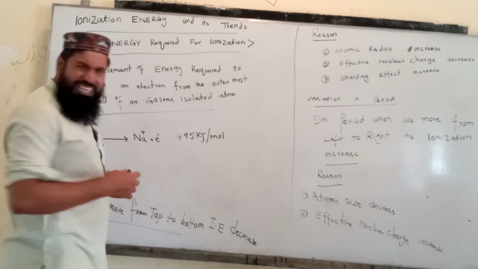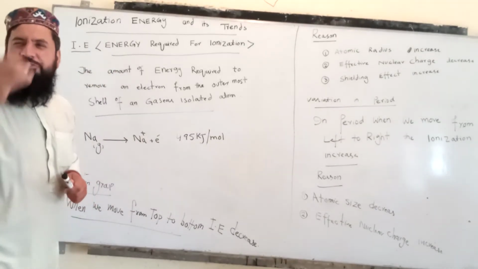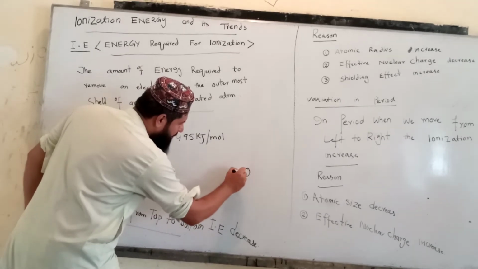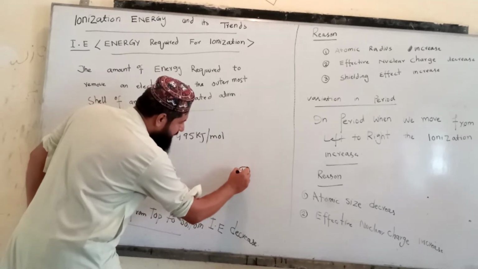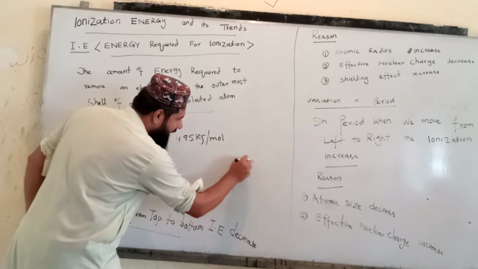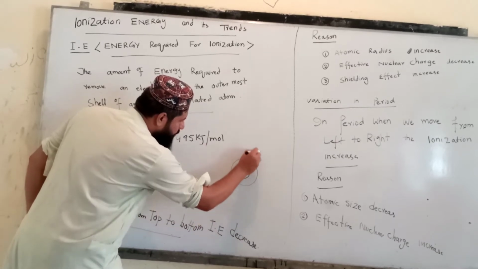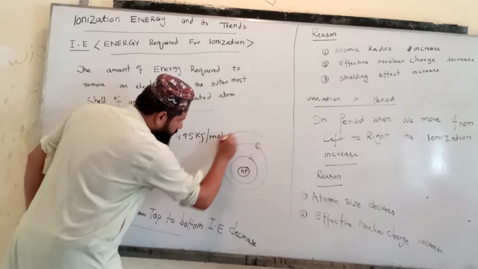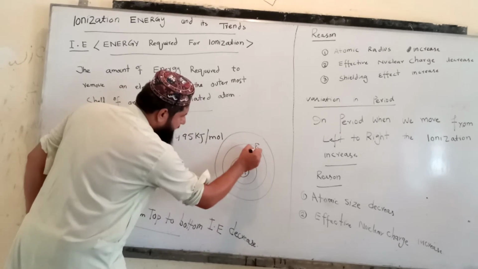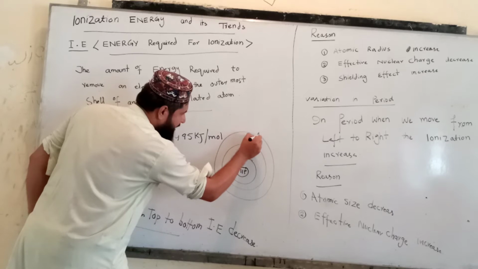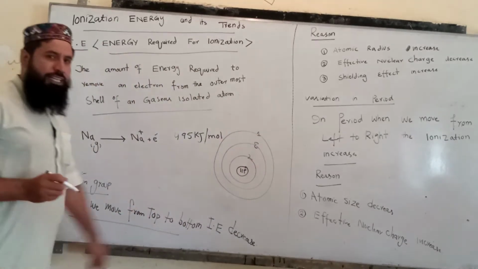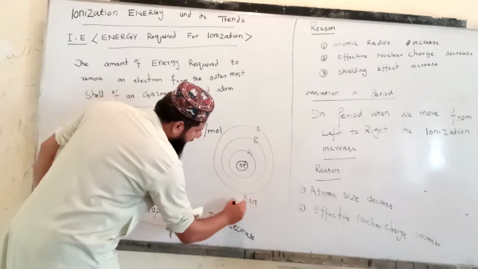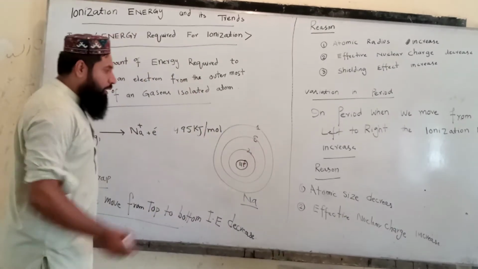If I can explain it a little further, this is your sodium. Sodium atomic number is 11, so it has 11 protons: 2 electrons here, 8 electrons here and 1 electron here. So in the outermost shell of sodium, it has 1 electron.